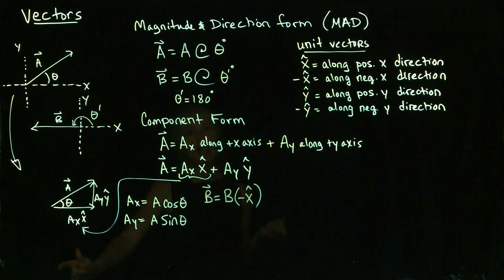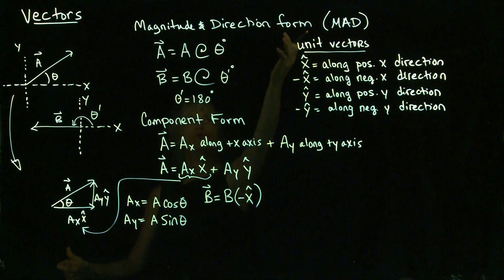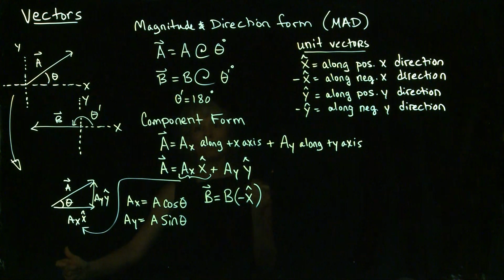The component form happens to be the only form that we can add vectors in. So it'll be quite common that we'll be getting information about vectors in magnitude and direction form, or MAD form, and we'll want to add some vectors together. But in order to do that, we have to stop and move the vector from the MAD form to the component form so that we can then add those vectors together.